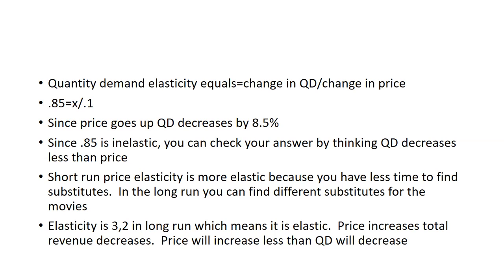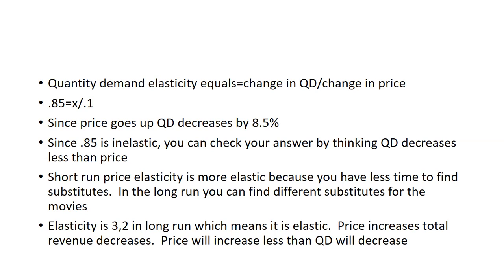All right. Then they said elasticity is 3.2 in the long run, which means it is elastic, right? Because it's greater than 1. If price increases, total revenue decreases. And the reason for that is that price will increase less than quantity demanded will decrease. That's what elasticity means, that it's very sensitive to the change in price.